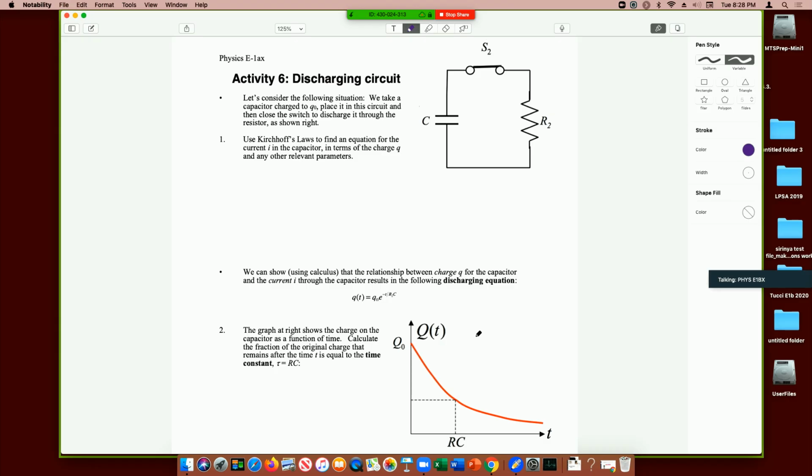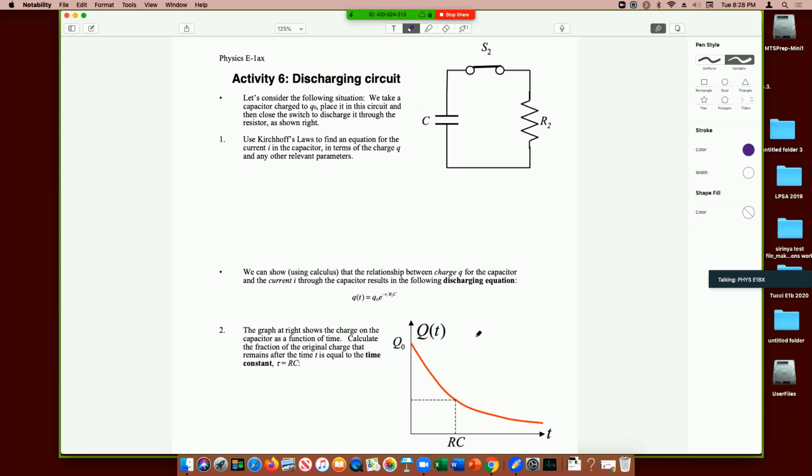The other way is that once this capacitor is discharged, it's discharged. The charge bleeds off it, and then it doesn't have any more, unlike a battery, where you put it into a circuit and it'll go for a while. Once it discharges, that's it.